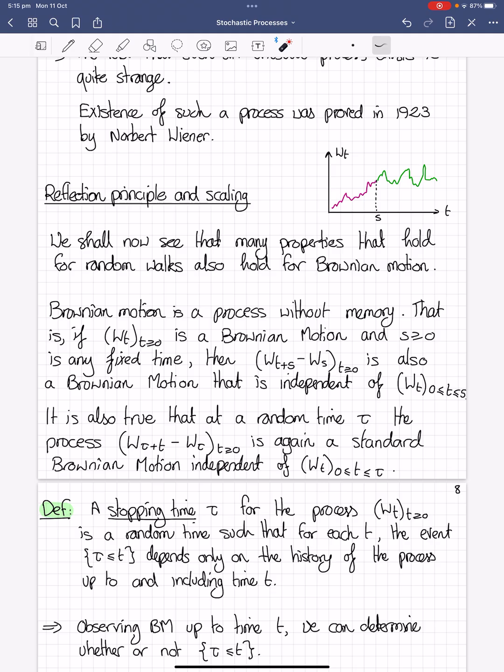This is quite a strong property of the Brownian motion: at some random time, the increment of the process past that time is again going to be a standard Brownian motion, independent of the Brownian motion up to that random time.